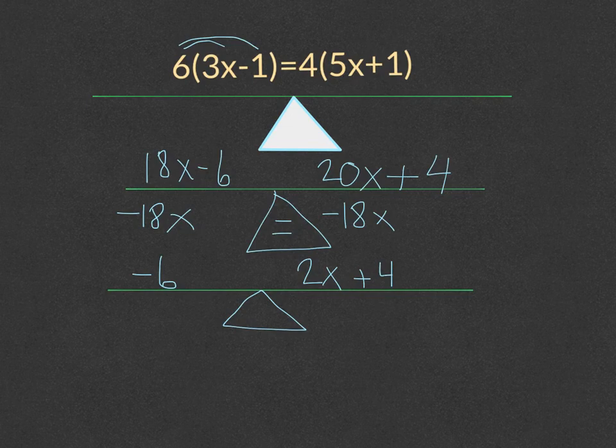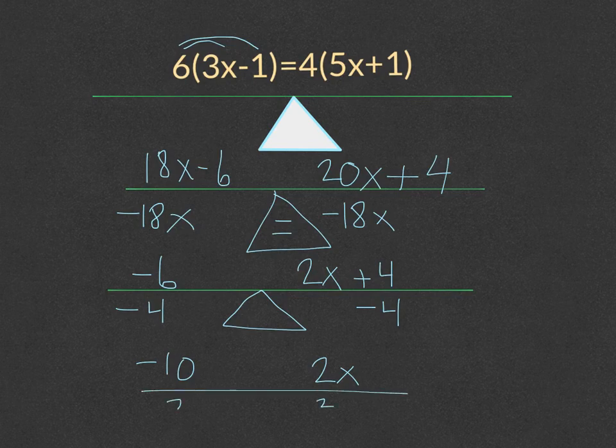All right, so I want to get rid of this 4 by subtracting 4 there, but to balance out the equation, I need to subtract the 4 over here. So what I end up with is negative 10 and 2x. So then we just divide both sides by 2, and we get negative 5 on one side and x on the other. So our final answer then is x equals negative 5.